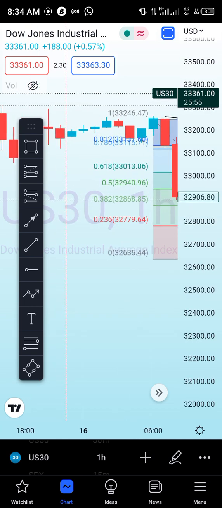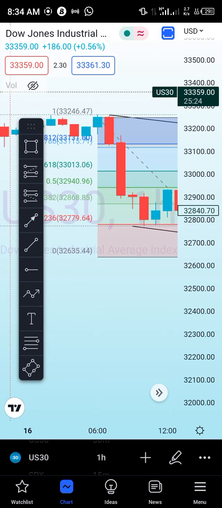Each of these numbers is multiplied by 100 to give you the percentage. So 0.236 multiplied by 100 is 23.6%. 0.382 is 38.2%. 0.5 is 50%, and then 0.618 is 61.8%. Same goes for 0.786, which is 78.6%, 0.812, which is 81.2%, and then 1 multiplied by 100 is 100% at the top there.